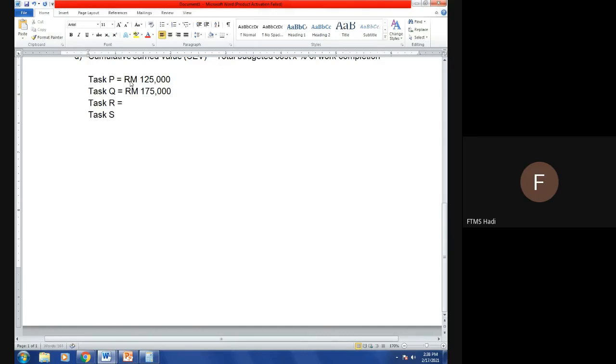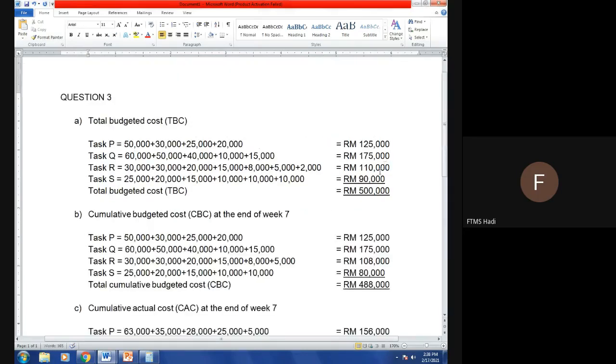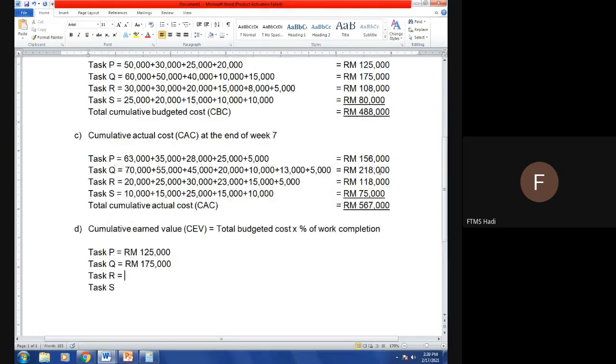Task R is 110 and then 90. Multiply by percentage of work completion until week 7.